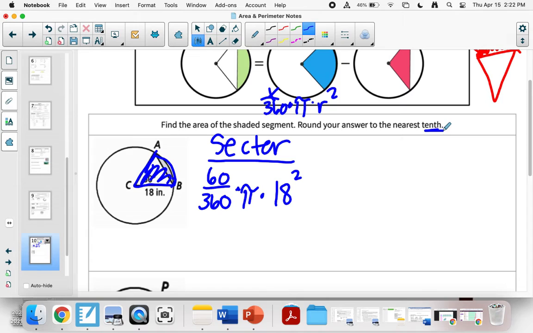So we want to multiply it all out and divide, including the pi. It doesn't say leave in terms of pi, so we want to do it all together. What I would do is take 60 times pi times 18 squared and then divide by 360.